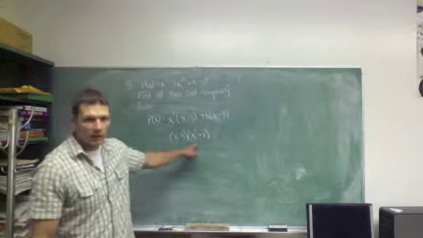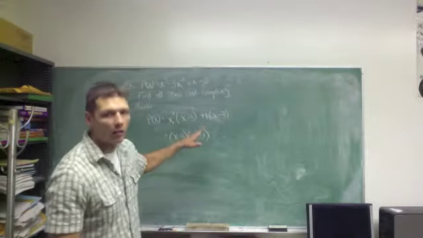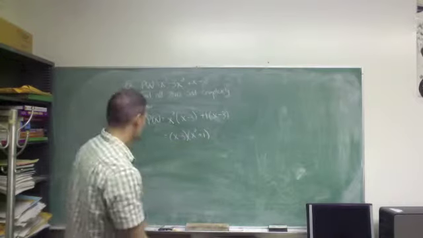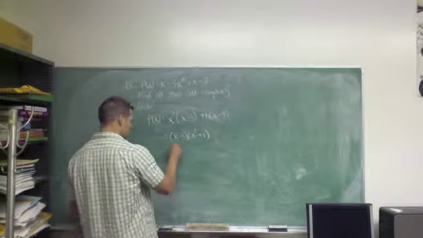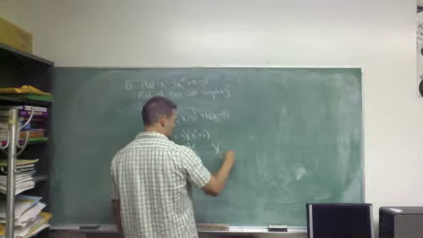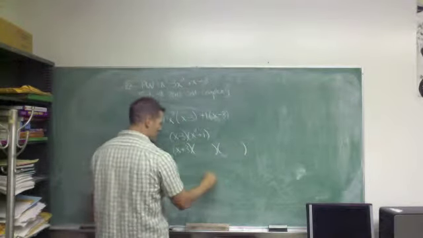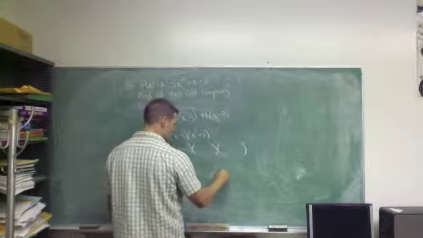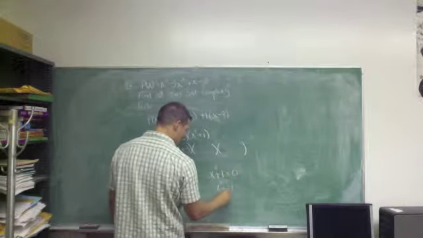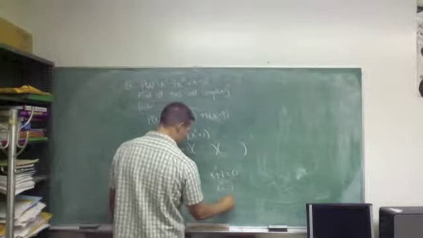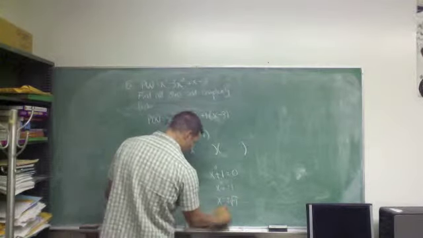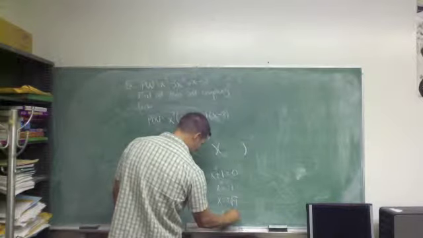But we know this thing can be factored now over the complex numbers. Obviously we can't factor this as a difference of squares over the reals or over the rationals, but we can. If I solve this, x squared plus 1 equals 0 happens when x squared equals negative 1. Square root both sides, x equals plus or minus the square root of negative 1, which says x equals plus or minus i.